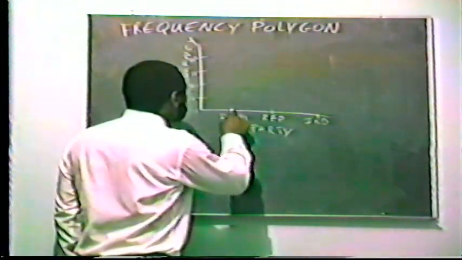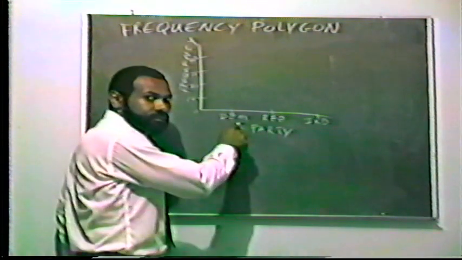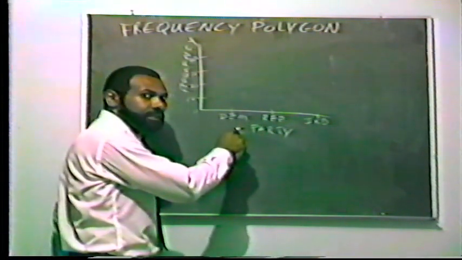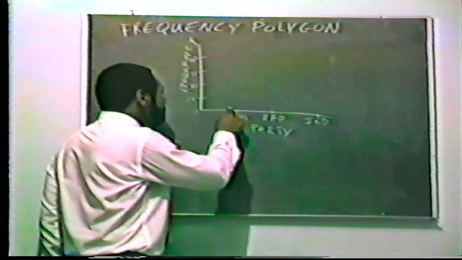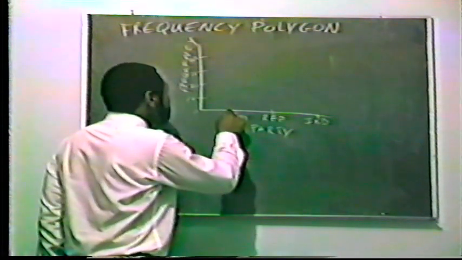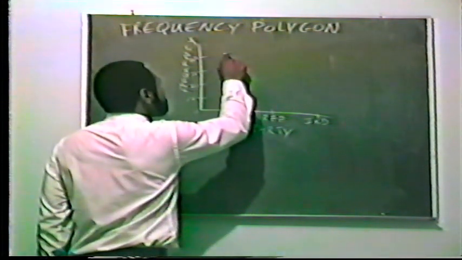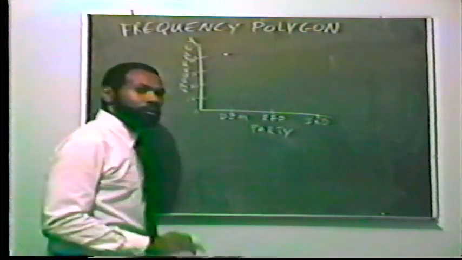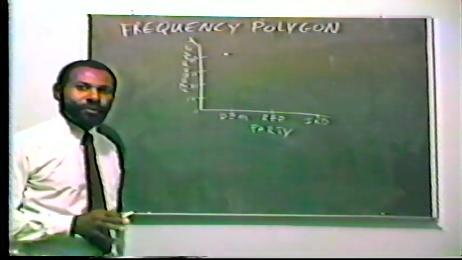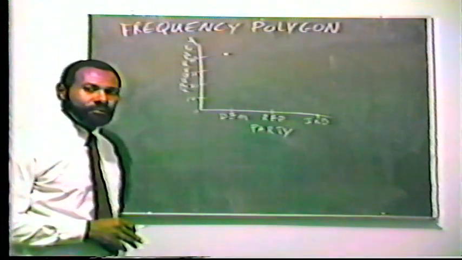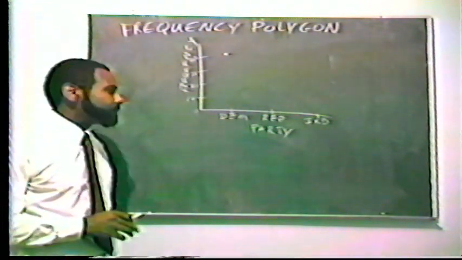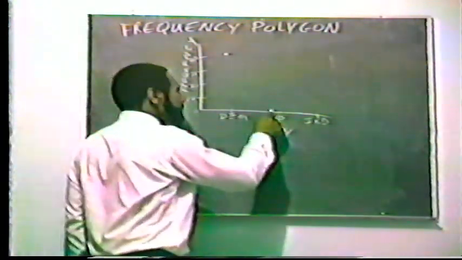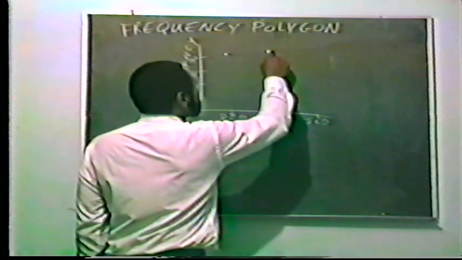And for the Democrats, there were 40 of those, if you recall, 40 Democrats in the sample. We would simply go up from the Democrat up to 40, and we would just put a dot. We don't draw a bar when we're constructing a frequency polygon. We just put dots.